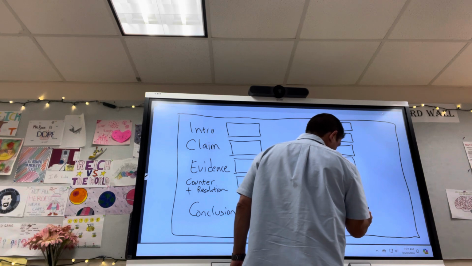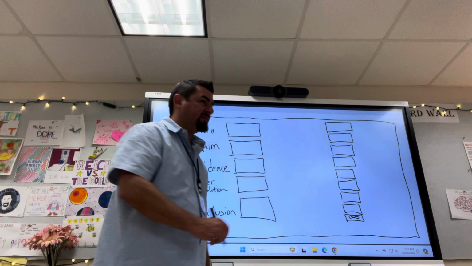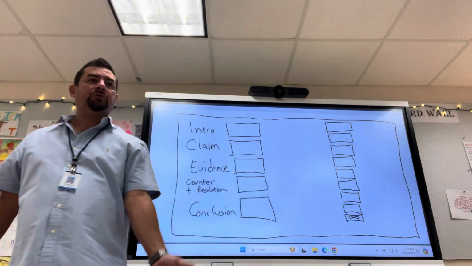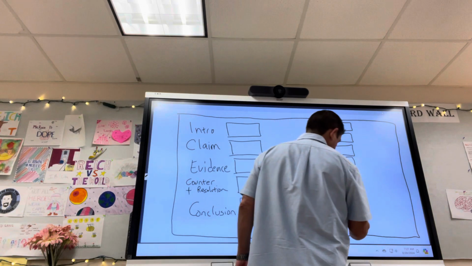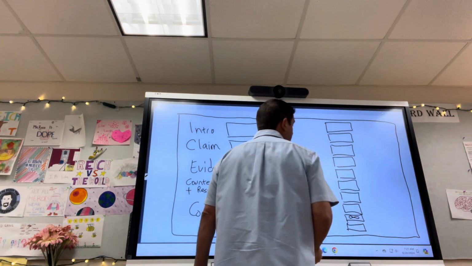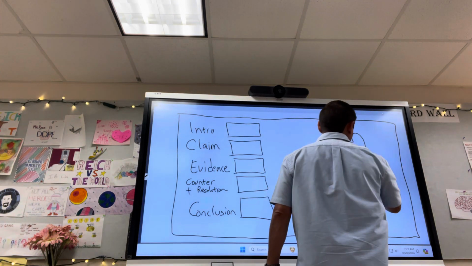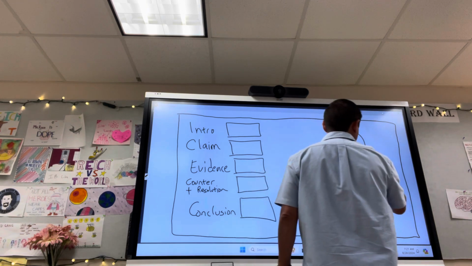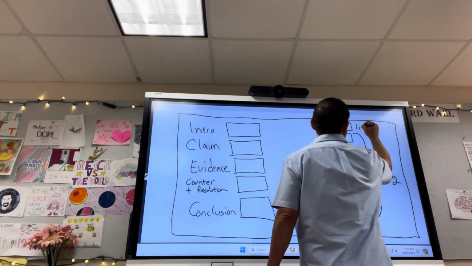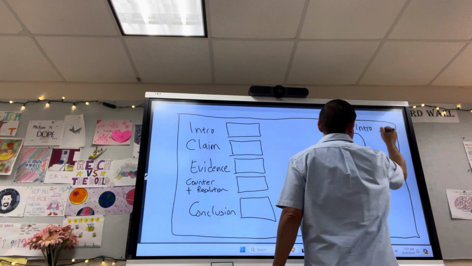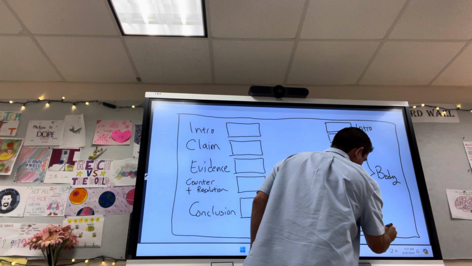But basically, you could draw an infinity here because this could have as many possible sections as you need. All right? What's that part called? All right, and so all of this is going to be your body. This again is intro. And this is conclusion.